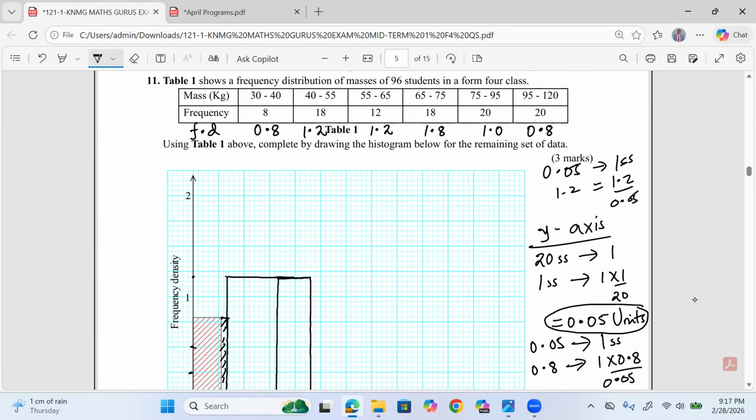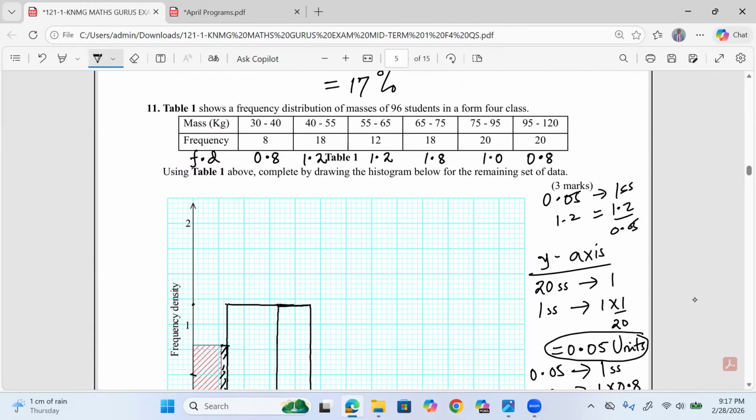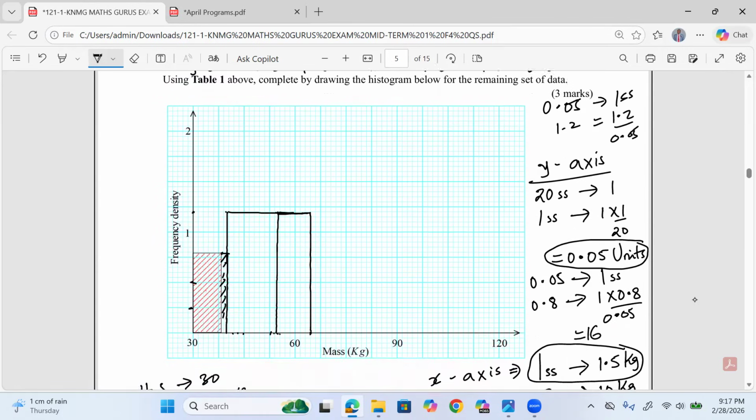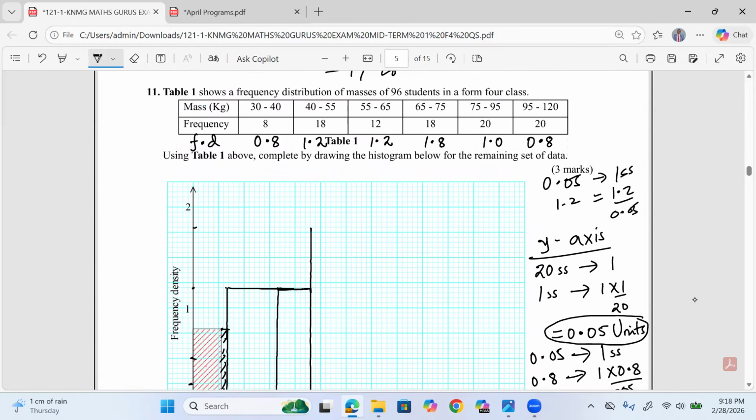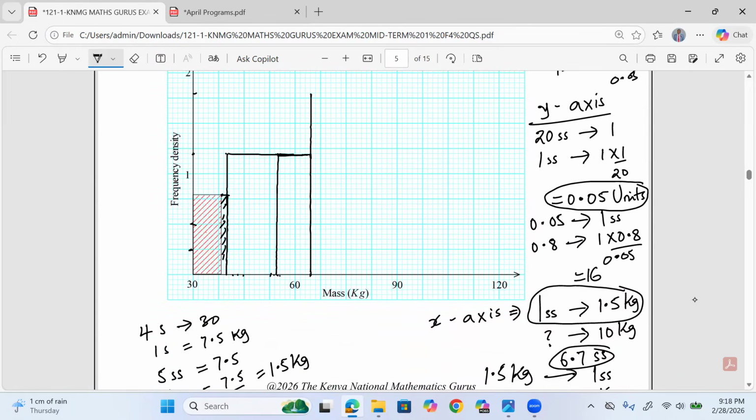Then we go to another frequency density of 1.8. So 1.8 divided by 0.05 gives us 36 units upwards. So we count 36 upwards. This is 25, 30, 35, so 36 shall be here. So we'll be raising up to 36. Then horizontally, again 10, meaning 6 point something.